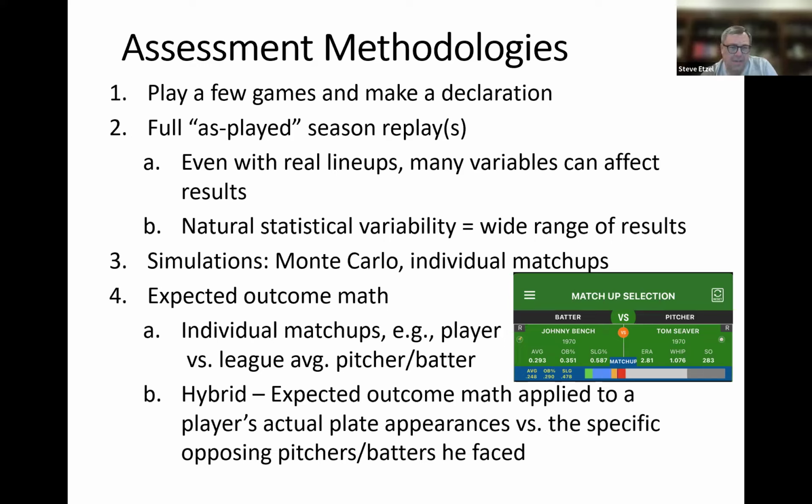And then I've seen some hybrid approaches. One of them was for the modern game Payoff Pitch, where somebody actually replayed every at bat of somebody's season using the appropriate pitcher card and batter card, and then accumulated the guy's statistics.